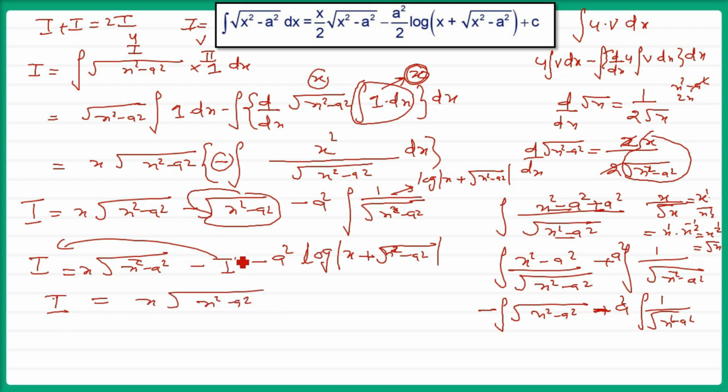So let me write the other things: x under root x square minus a square, minus a square log modulus of x plus root x square minus a square. Don't forget to write the modulus. Now this already had a 2, so I'm bringing it downstairs on the right. So it's 2 in the denominator, plus a constant of integration. From here to here, that's your final result.